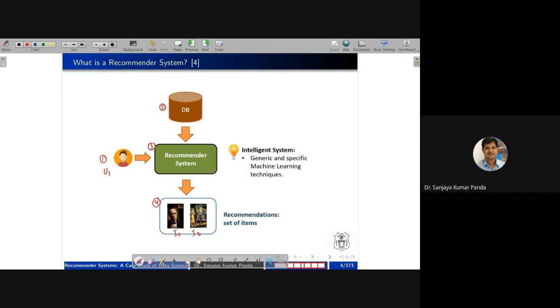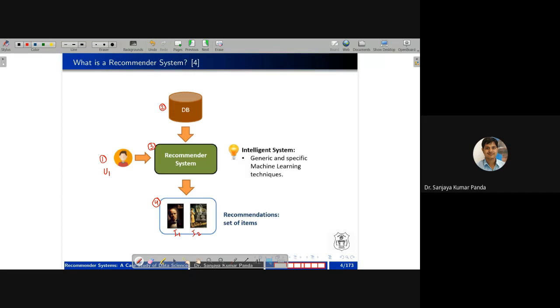If you design an intelligent system, then whatever suggestion you are giving, these are nothing but your prediction. The prediction should be equal to the actual one. Like if this user U1 is really interested in I1 and I2, then you can say prediction is equal to actual. That's why you need to design an intelligent system which can predict the exact thing for a particular user.